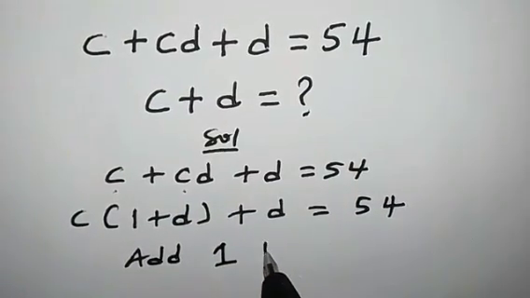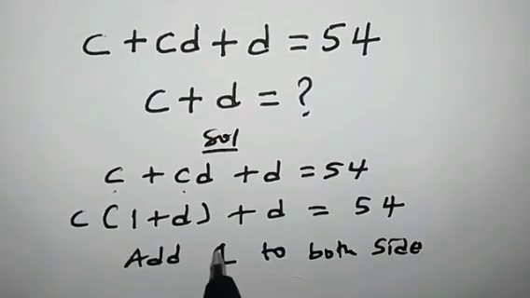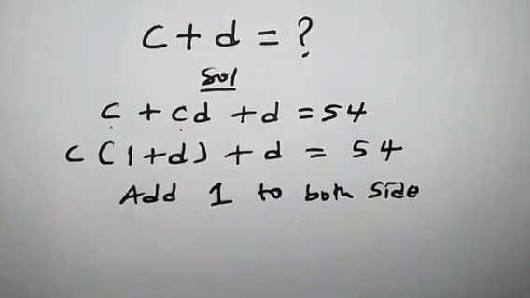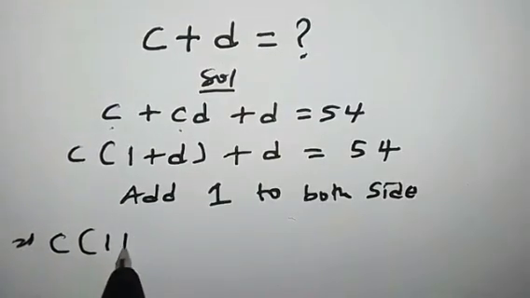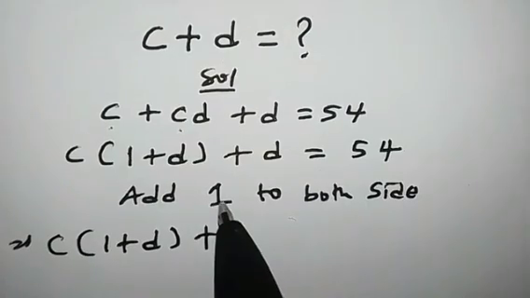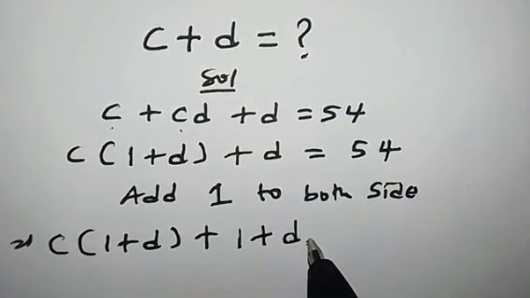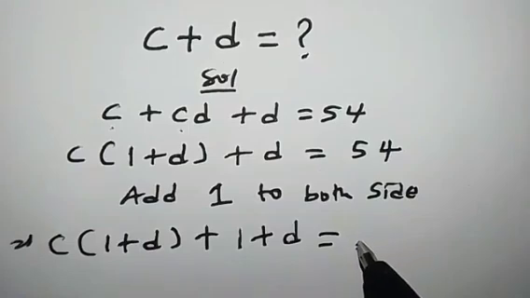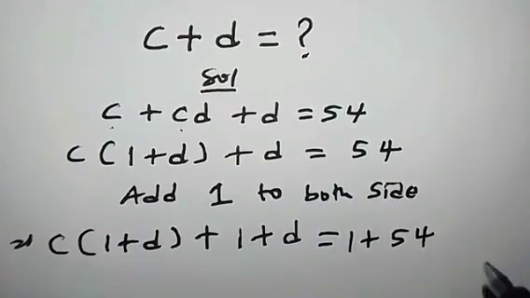Now, let us add 1 to both sides. So we just have to add 1 to both sides of this equation. Doing that, we have C into 1 plus D plus the one we are adding, 1 plus D, equal to 1 plus the right hand side, 54.